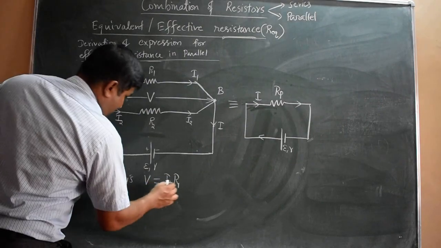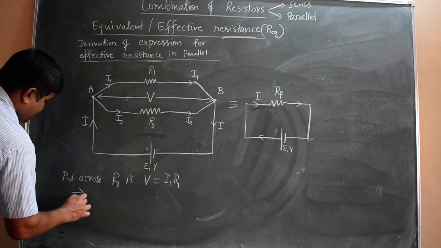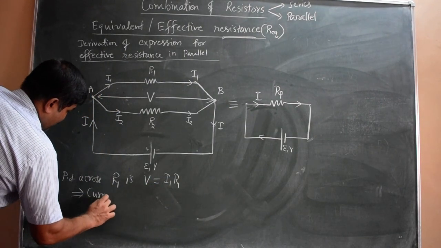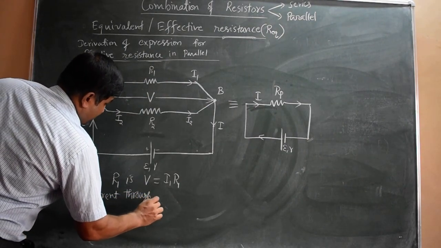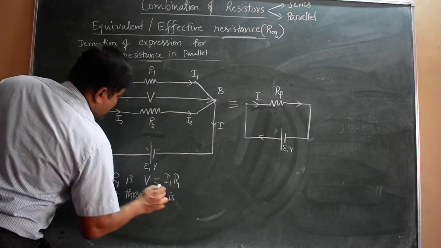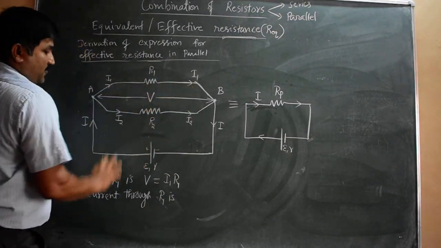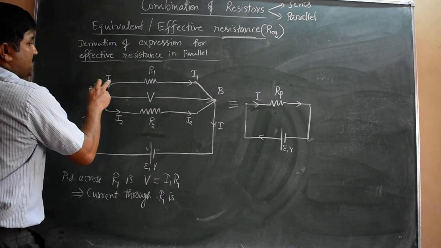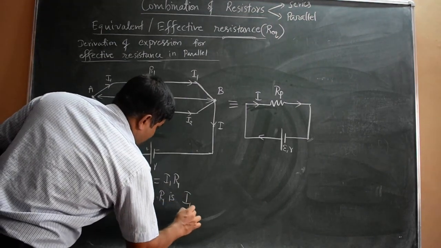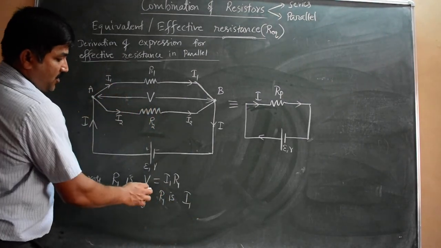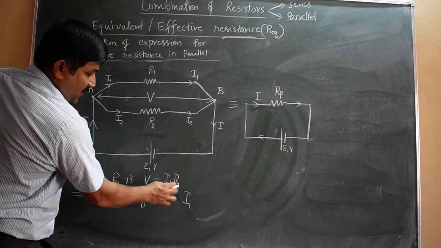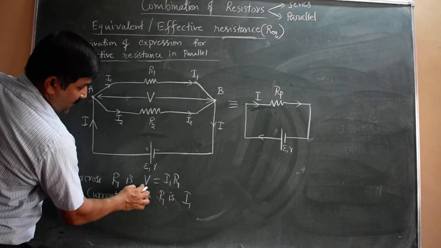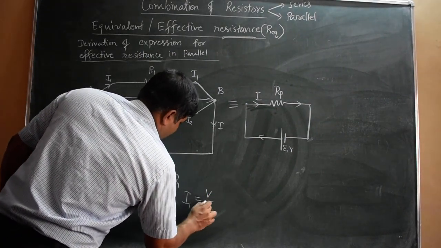So the current flowing through the resistor R1, I1, we can write from this expression obtained from Ohm's law: V equal to I1 into R1, so I1 equal to V by R1.